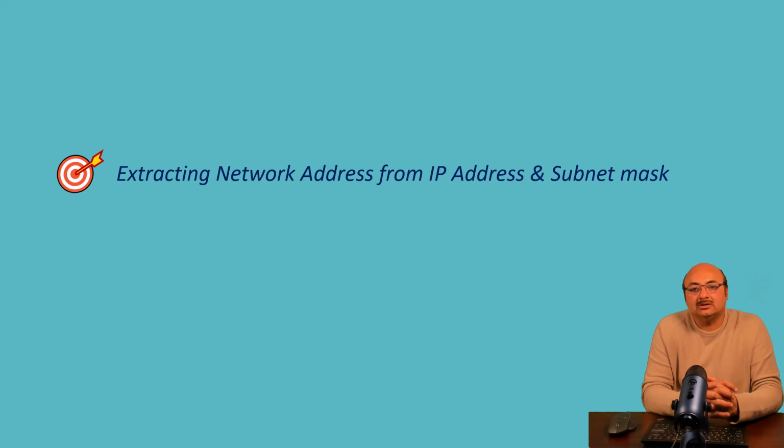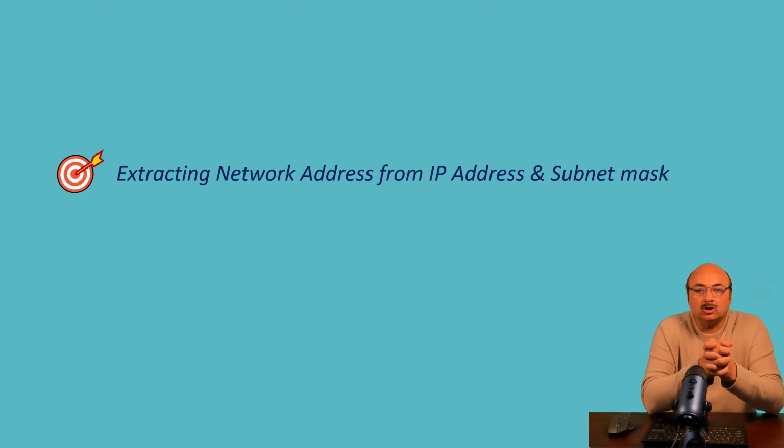Then I will take two examples, and in each of the examples I'll compare two IP addresses to check whether they belong to the same network or not. I will conclude by discussing what is within the network, that is intra-network, and what is across the network, that is inter-network communication.